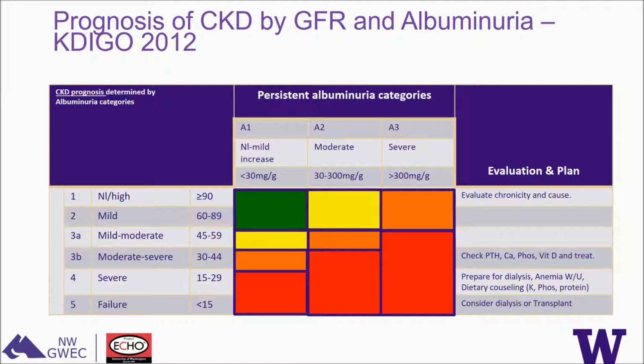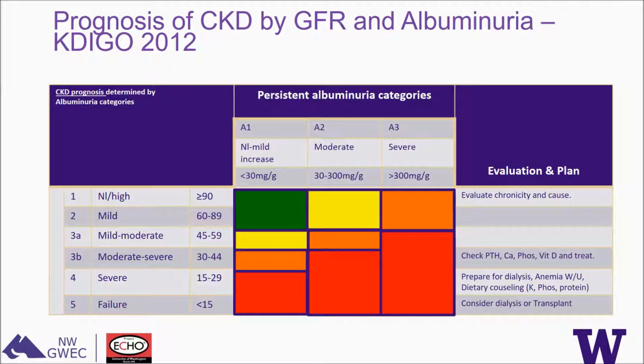The red bars signify the almost synergistic effect of both having significant proteinuria and declines in GFR on cardiovascular and all-cause mortality outcomes. So you can see the GFR 60 to 89 with mild proteinuria is green, whereas if you have significant kidney function decline with significant proteinuria, it forebodes a very poor prognosis.